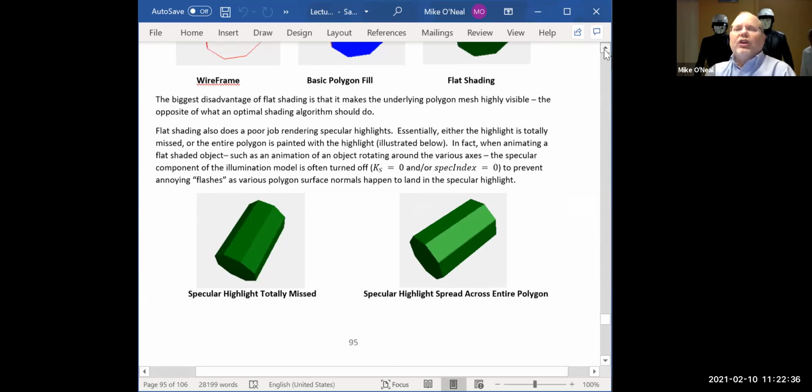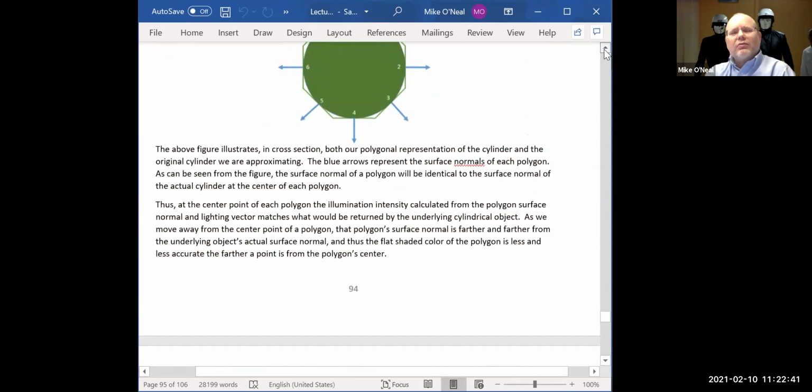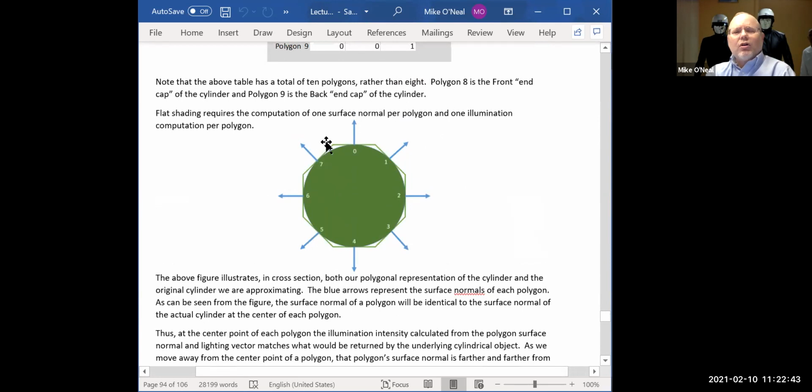Again, think about what we're doing here. We're getting one surface normal per polygon. So it's like we're getting one sample per polygon of what the lighting situation looks like on that polygon. And then we're just assuming the entire polygon is the same, the color for every pixel on that polygon is the same as that one point that you sampled.